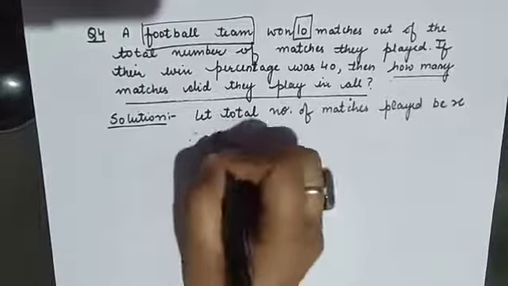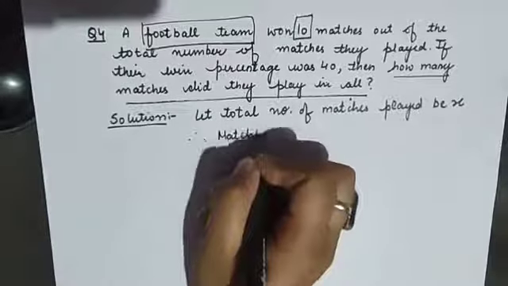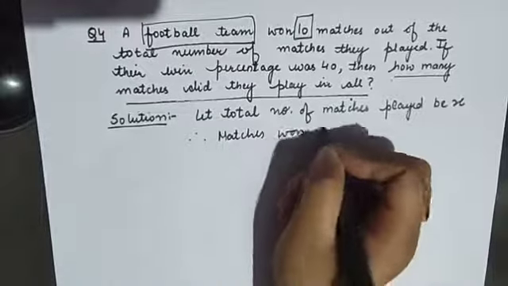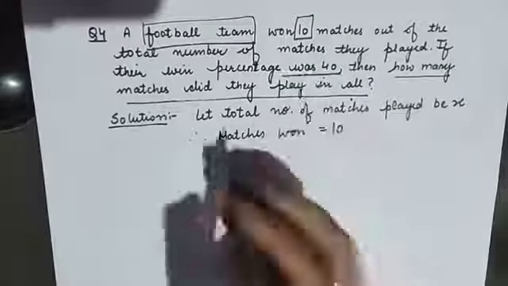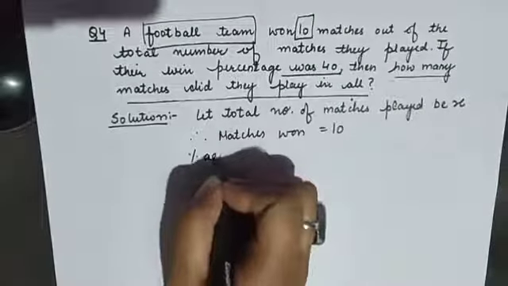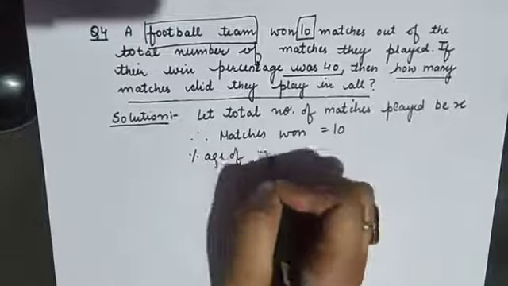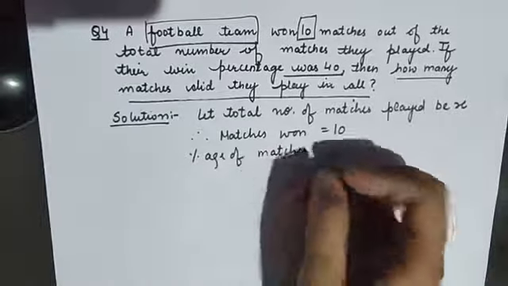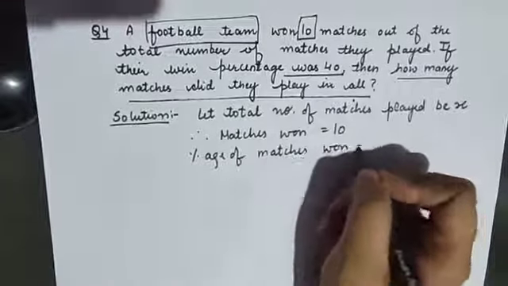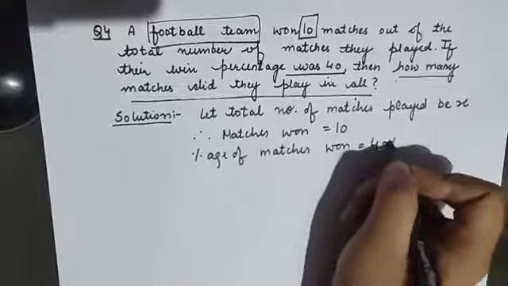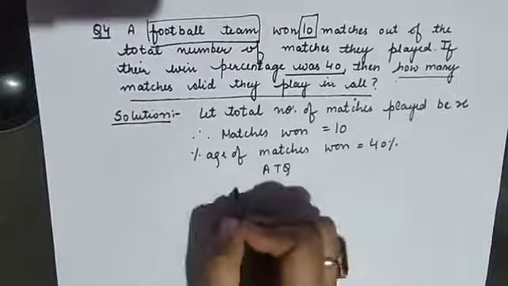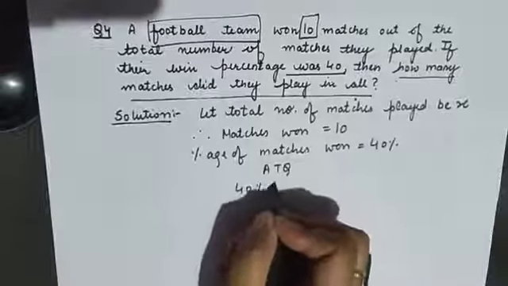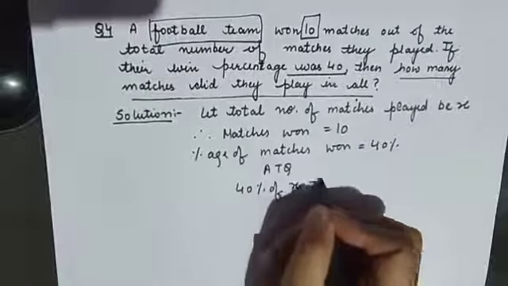So matches won is equal to 10 here. The percentage of matches won will be 40% here. So according to the question, 40% of x will be equal to 10.